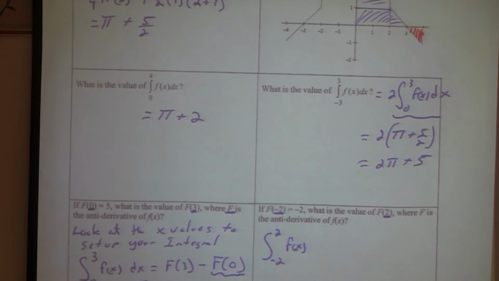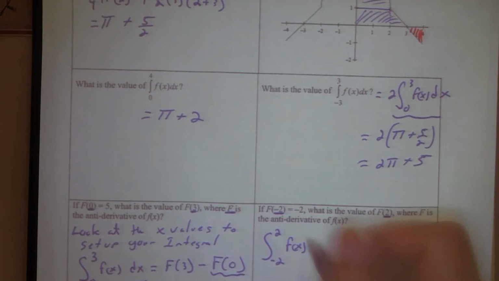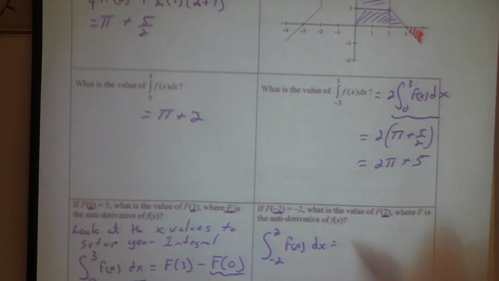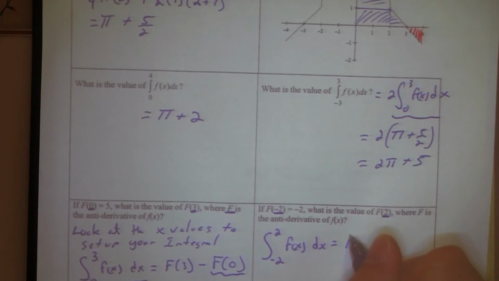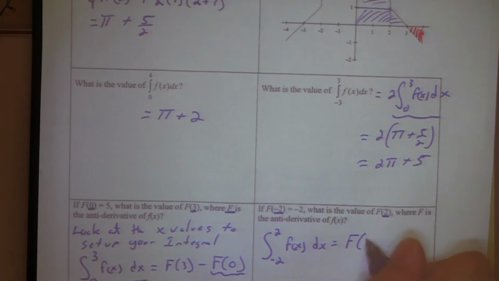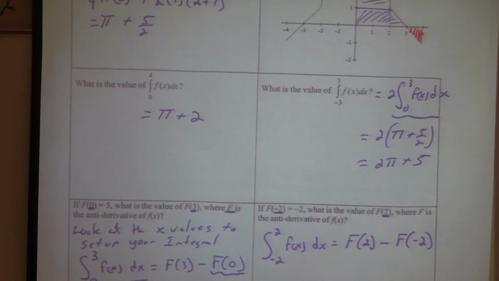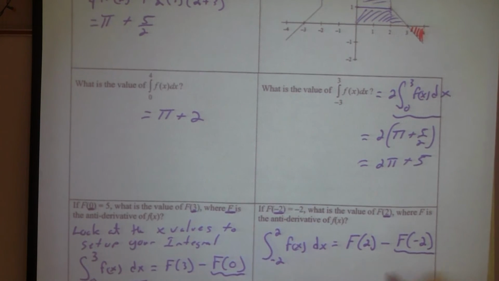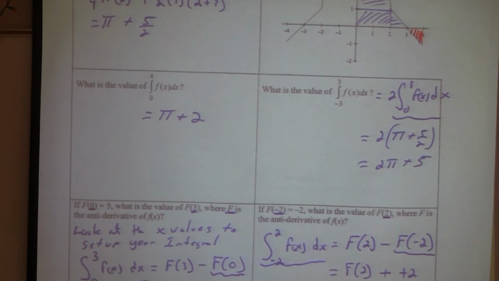Because that's what we're integrating in order to get capital F of x. What's that going to give us? Capital F of 2 minus capital F of -2. We know this guy because it was given to us. So it's minus -2, capital F of 2. That becomes plus, right?